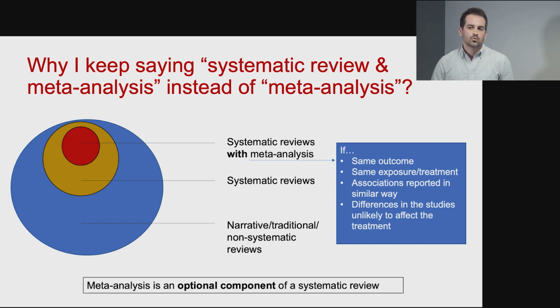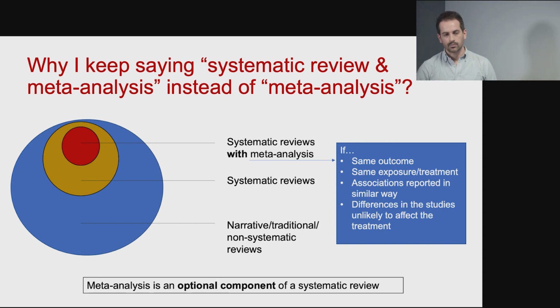There are some reasons why you can or cannot perform this quantitative meta-analysis. For example, you can add this step of meta-analysis if the same outcome or measure is used between the studies you collected. If you have the same exposure or treatment, so if I say exposure, it is the independent variable in experimental studies, maybe it's the language you are more familiar with. So being exposed to a certain disease, a certain condition, I just call it exposure.